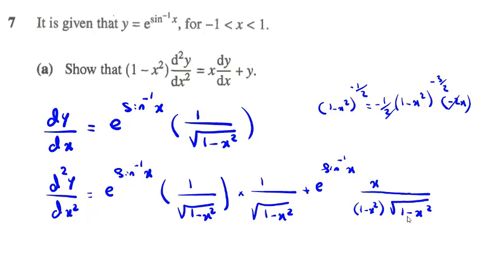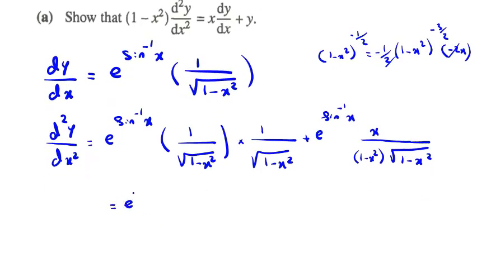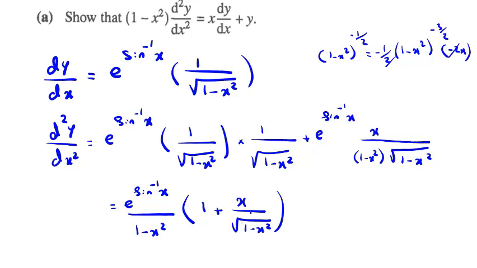Simplifying, it will be e to the power of inverse sine x over 1 minus x squared, times 1 plus x over root 1 minus x squared.